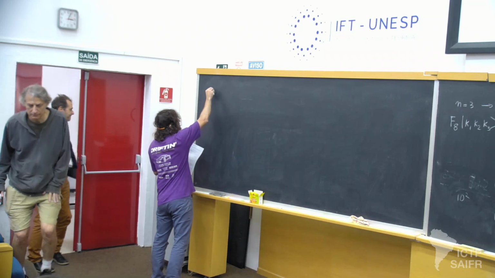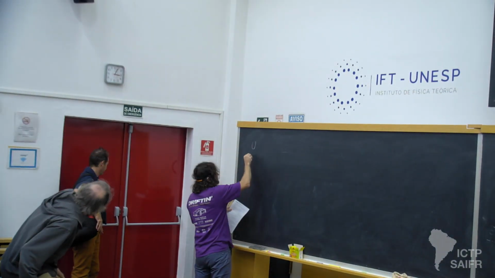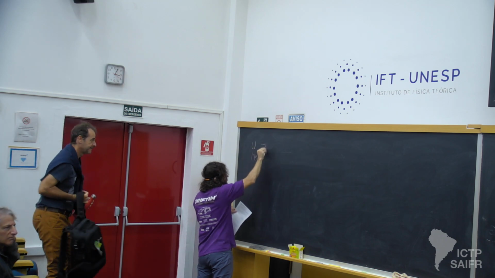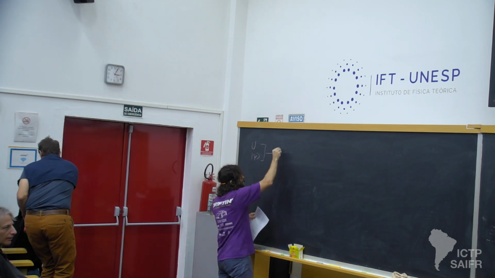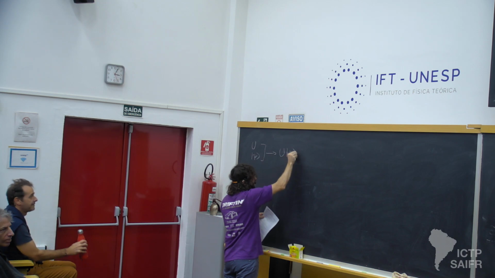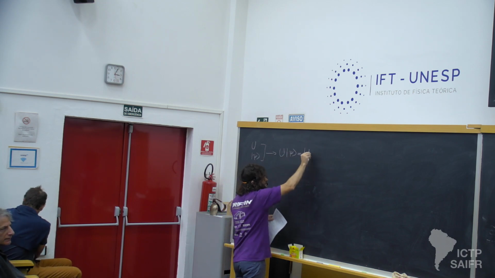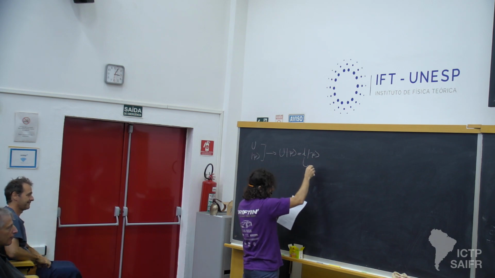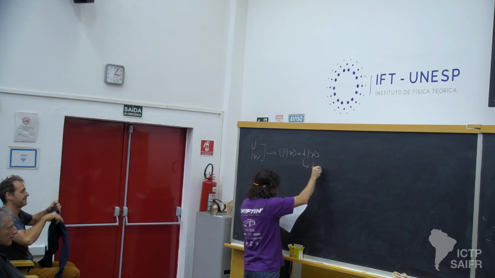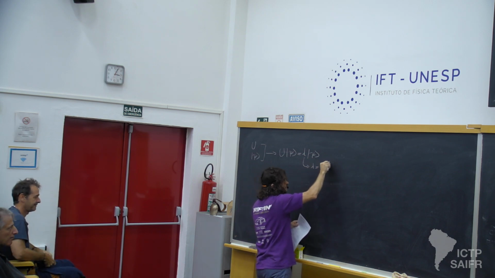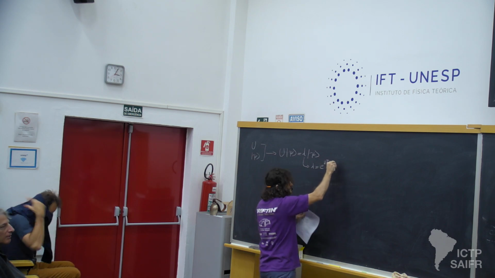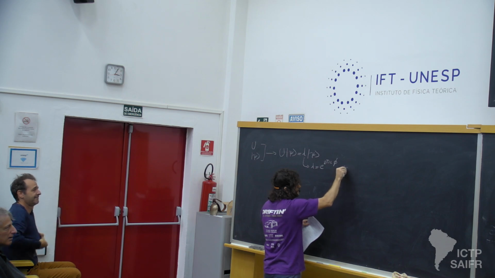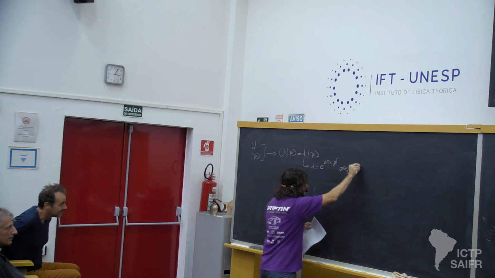Suppose that we have a unitary U, and we have one of its eigenvectors psi. That means that U acting on psi is equal to lambda psi. And we know, since this is unitary, that lambda can be written as e to the 2 pi i phi with phi in [0, 1).